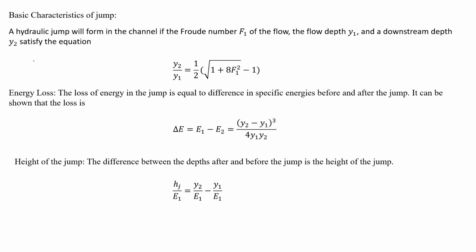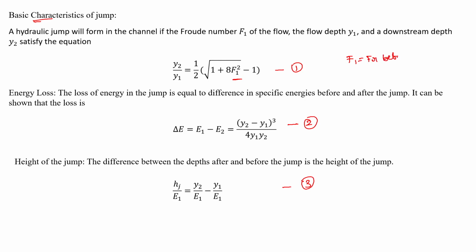Let's see the basic characteristics of the jump. These are the important equations for solving problems. If you remember these three equations, 99% you will be able to solve the questions on hydraulic jump. The first equation is the relation between the depths and the Froude number before the jump.